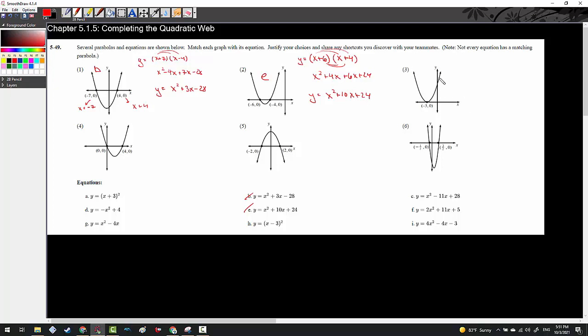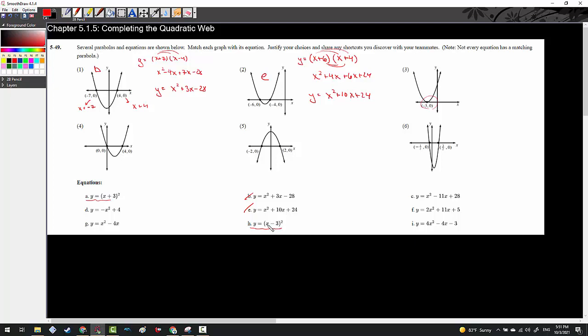And then number 3, notice how it only has one value. Now, when we first started looking at quadratic equations and their graphs, one of the things we noticed was that whenever you had a perfect square trinomial, the quadratic would bounce off of the x-axis at the place where the factor would equal 0. And so since this is -3 comma 0, it has to be A or H. And so between the two, -3 will not make H 0.